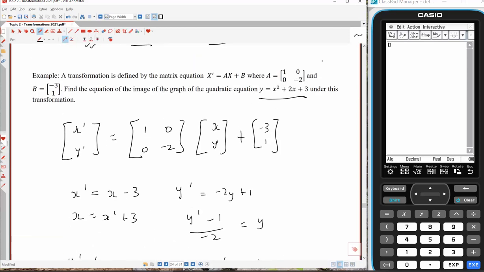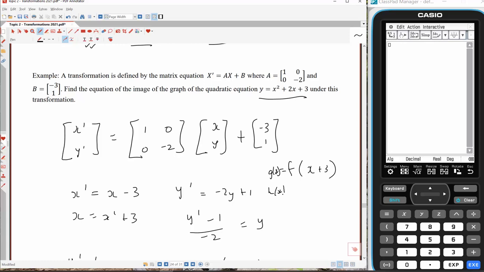Okay, other methods to do it. What you could do is read off these transformations. I can see that this is a dilation factor 1, so it's not dilated. This is just an x take 3, which is moving this function 3 units to the left. So I could do f of x plus 3, pop that into the function, then start to build up my functions. So g of x equals that.